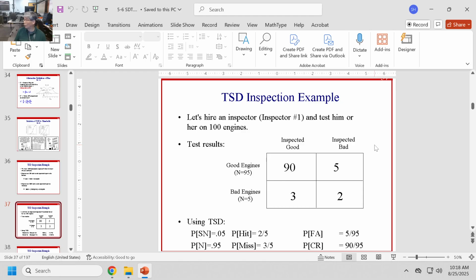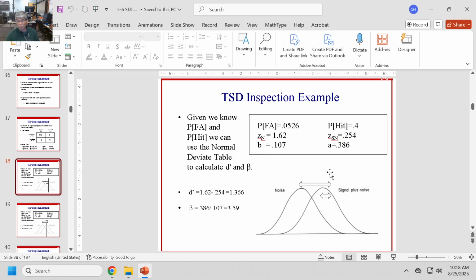So graphically, every time you can move this line a little to the left, further to the left, so almost every bad engine signal will be captured.